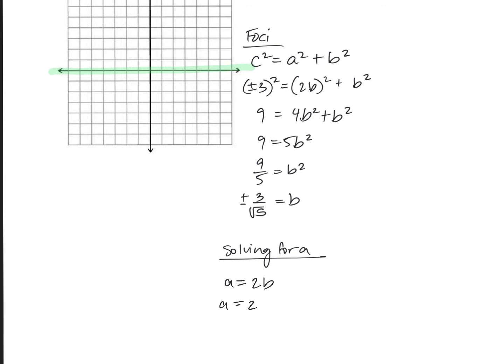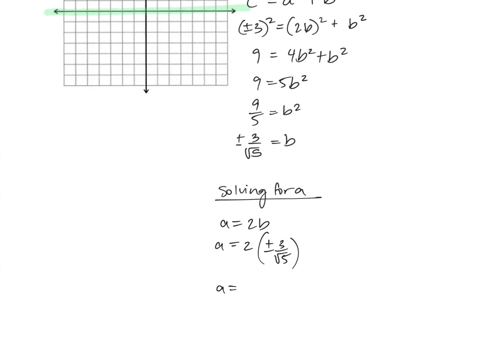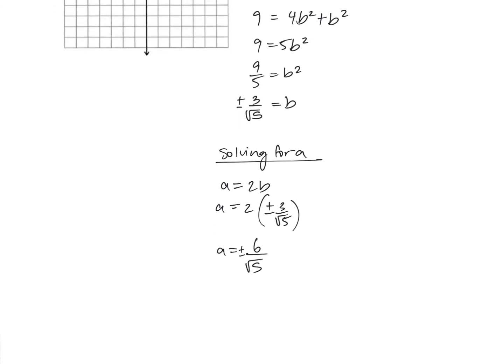So a is going to equal 2 times the plus or minus 3 over root 5, which means that a equals 6 over root 5, the plus or minus 6 over root 5, which we'd still need to simplify into a equals plus or minus 6 root 5 over 5. We should do the same for the b, plus or minus 3 root 5 over 5.